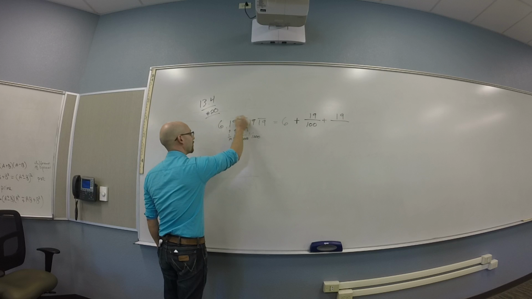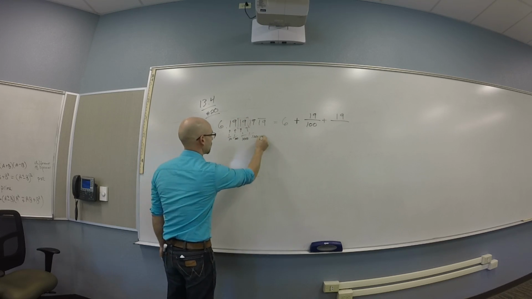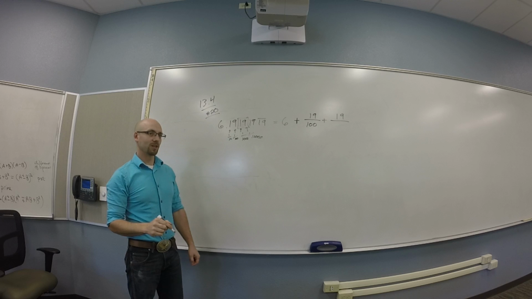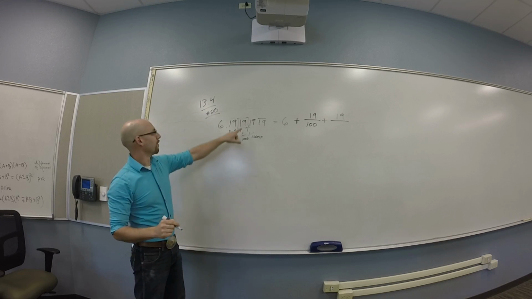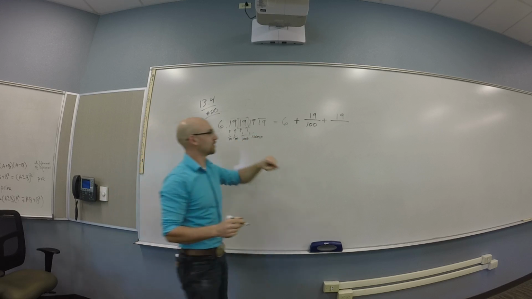And I'm just talking about this guy here, right? You wrote 1,000 again. Sorry, I can't keep track of zeros. So that's 19 in the 10,000ths place, right?